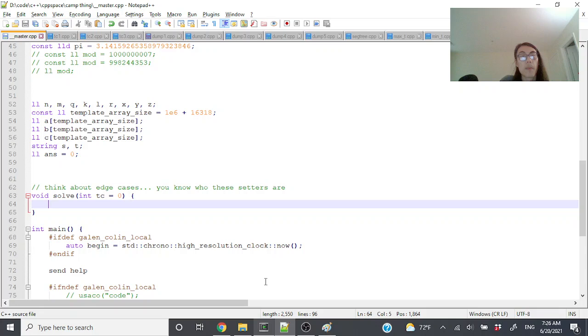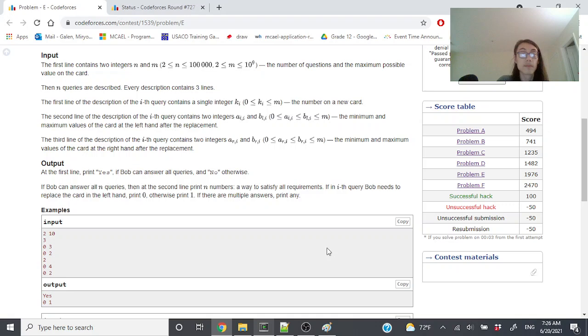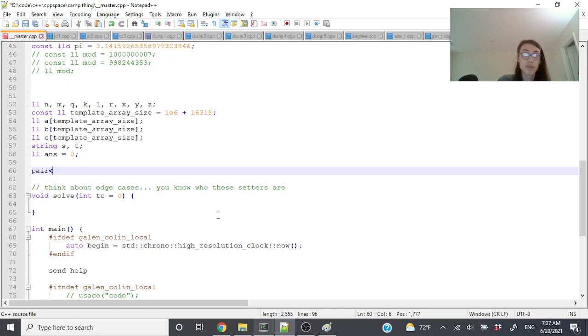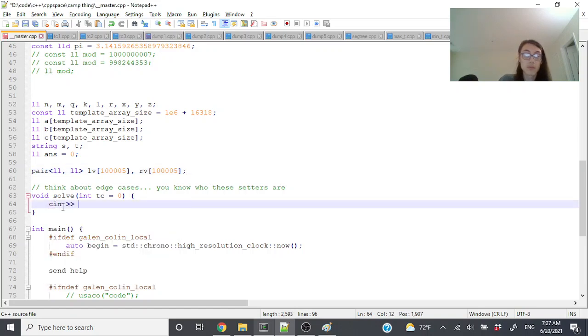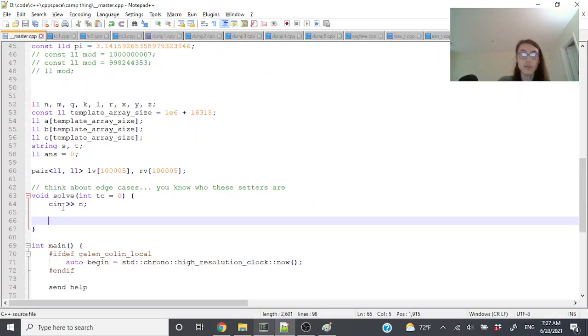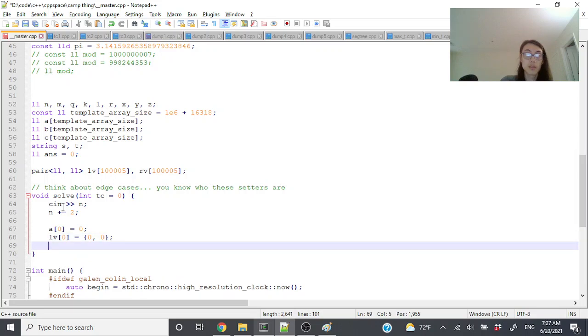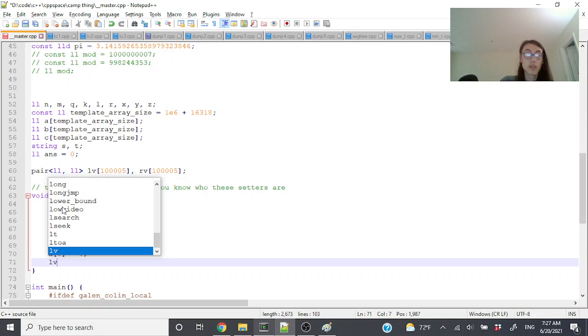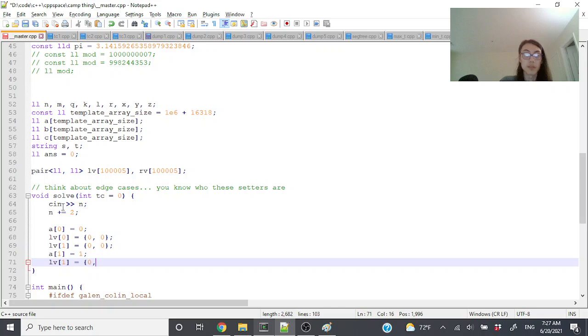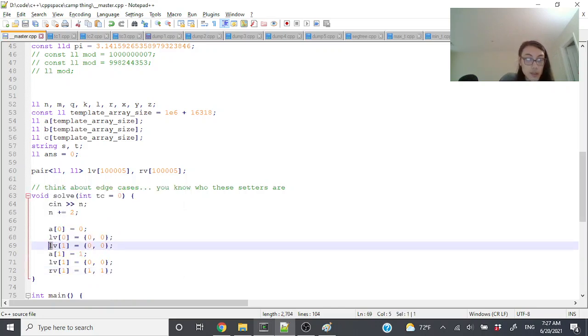Okay, so it's another symmetry problem. So A0 is equal to 0, LV0 is equal to 0, 0, RV0 is equal to 0, 0, A1 is equal to 1, LV1 is equal to 0, 0, RV1 is equal to 1, 1. This should be RV of 0.